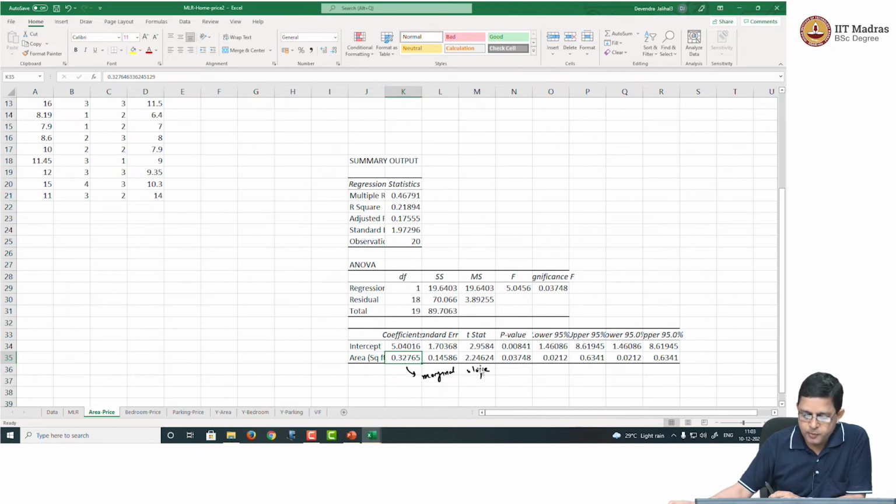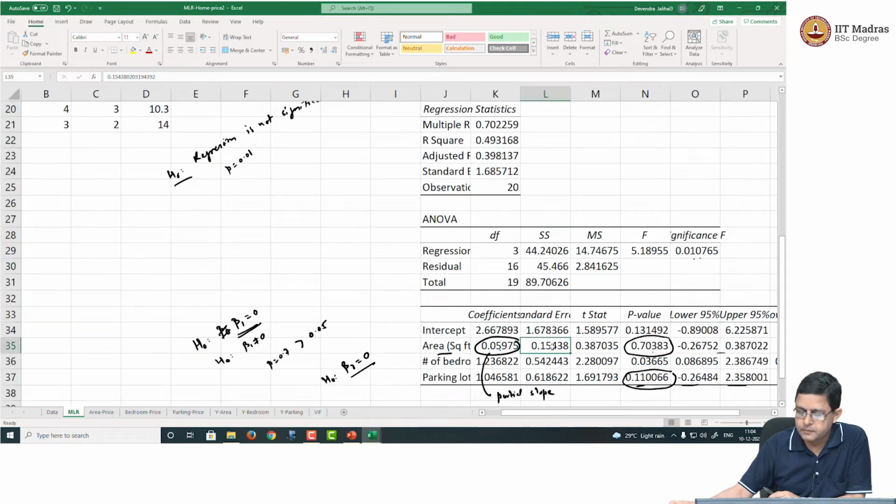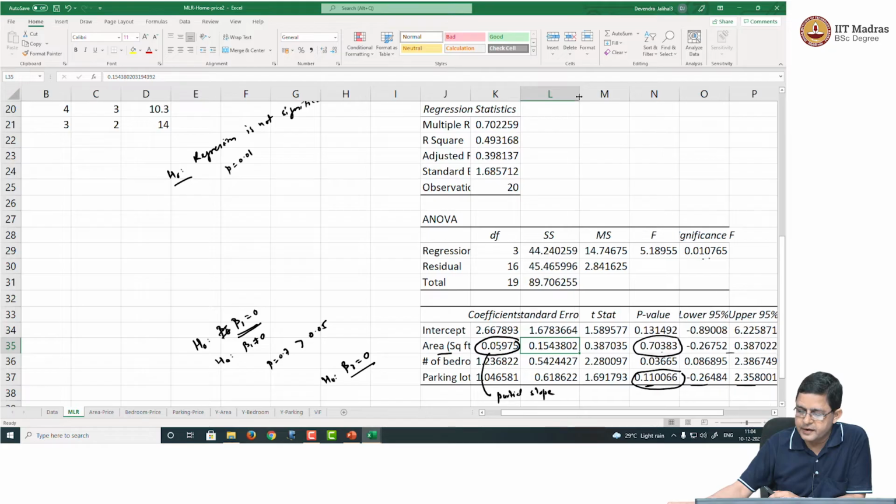How much has been the inflation in variance? Inflation in variance is 0.145 here, and 0.15 here. So standard error seems to have gone up. The t value here reduced, not because the standard error has gone up, but because the numerator has gone down drastically.